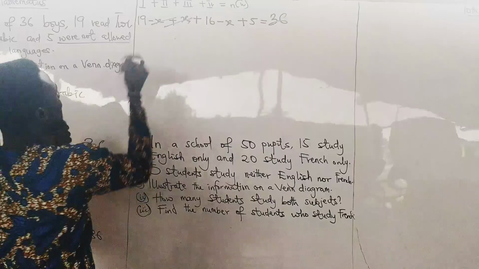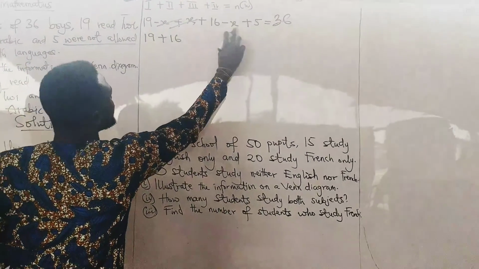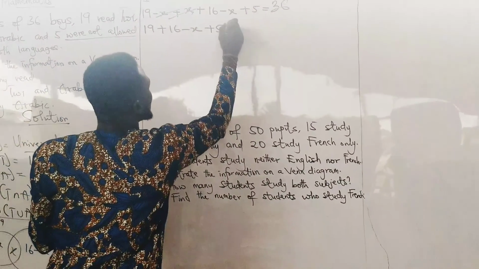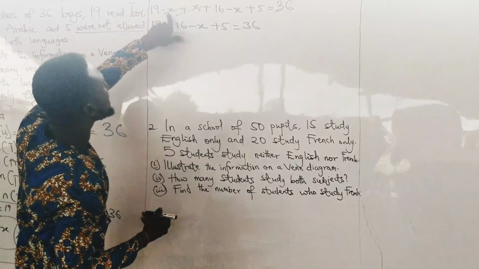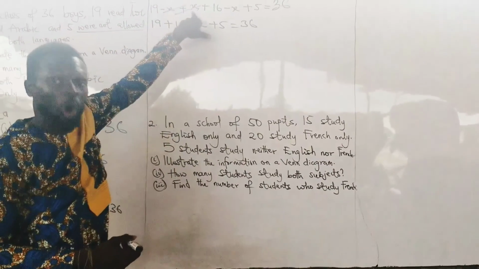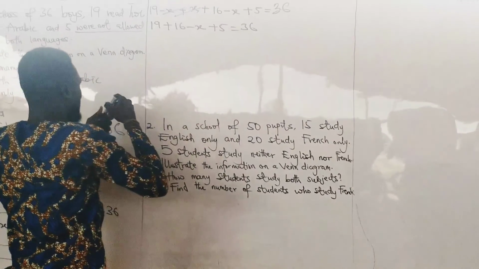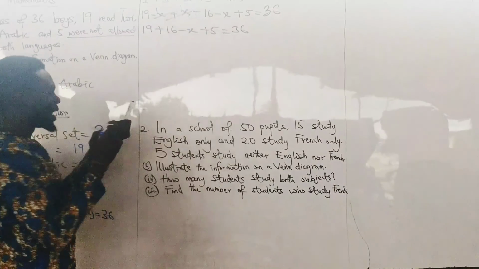Then we have 19 plus 16 minus X plus 5 is equal to 36. Now we cancel out this negative X plus X because the coefficient of this X is 1, and the coefficient of this X is also 1.